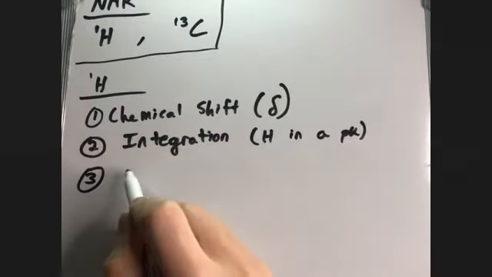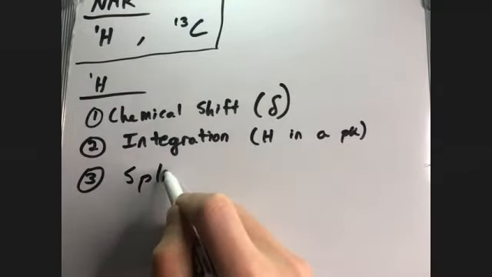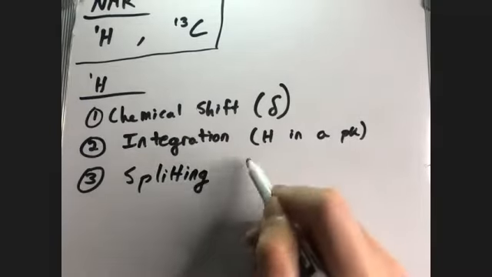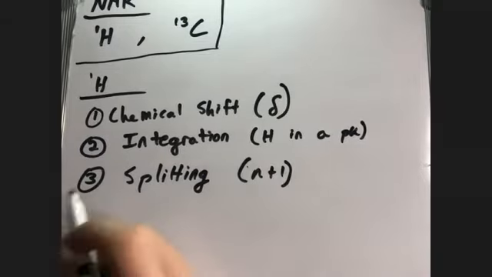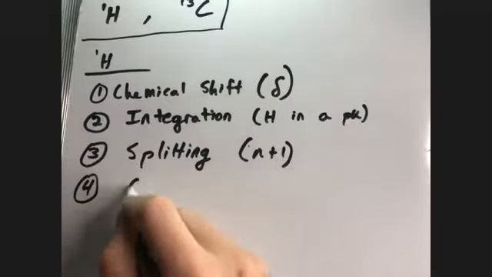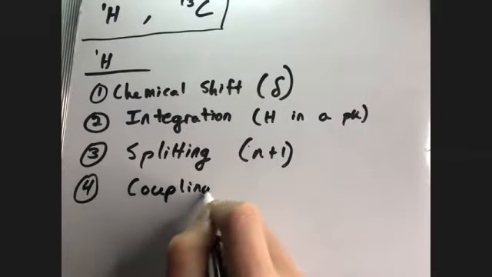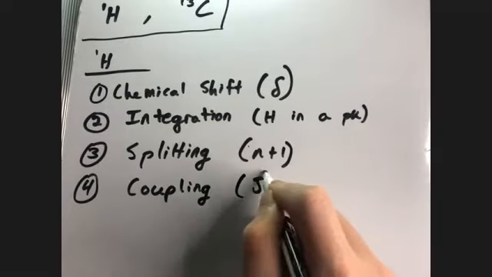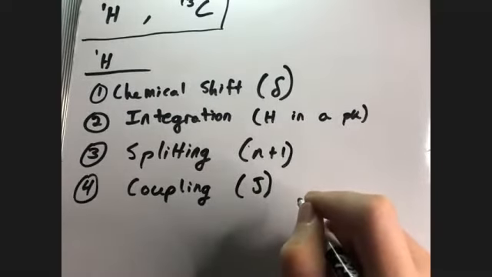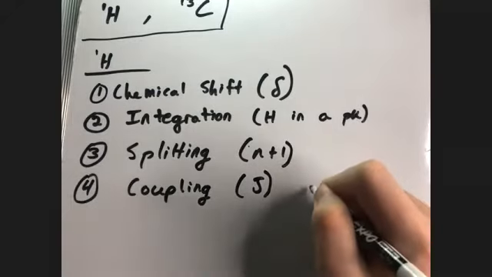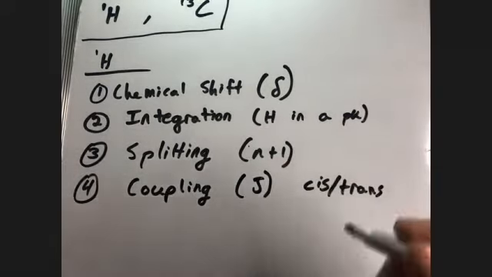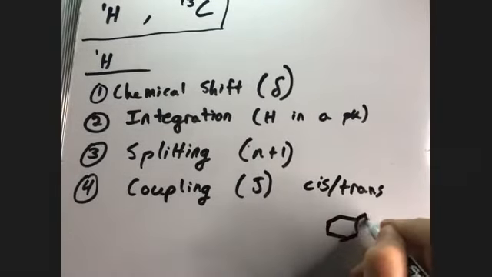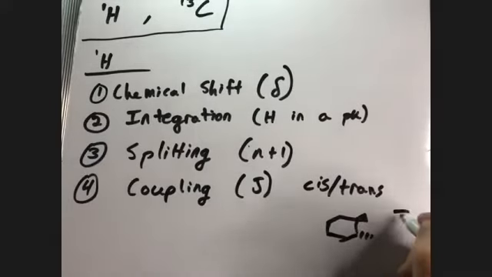And third, this is perhaps the most complicated. This is the splitting of your peak. And this follows an n+1 rule. And we'll talk about that last because it is definitely the most complicated part. And then there is this coupling constant, J, which basically will tell you if something is cis or trans, whether that be a ring like this, or if it's a double bond like this.